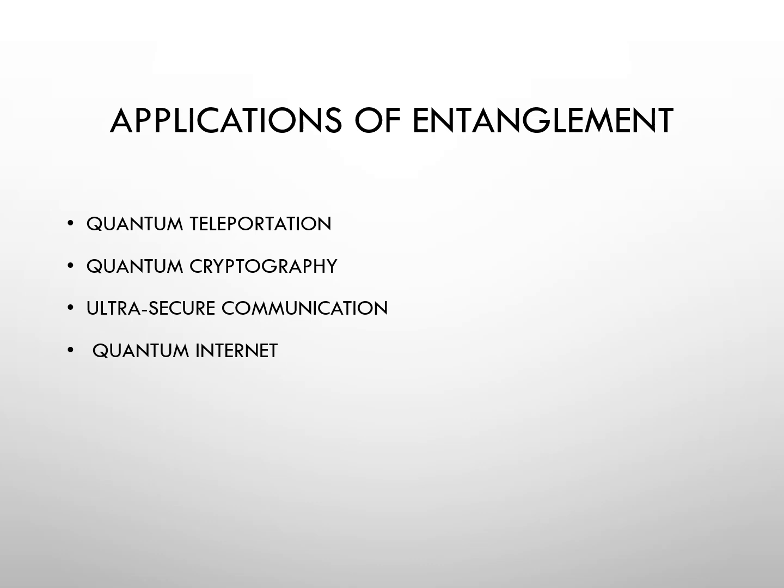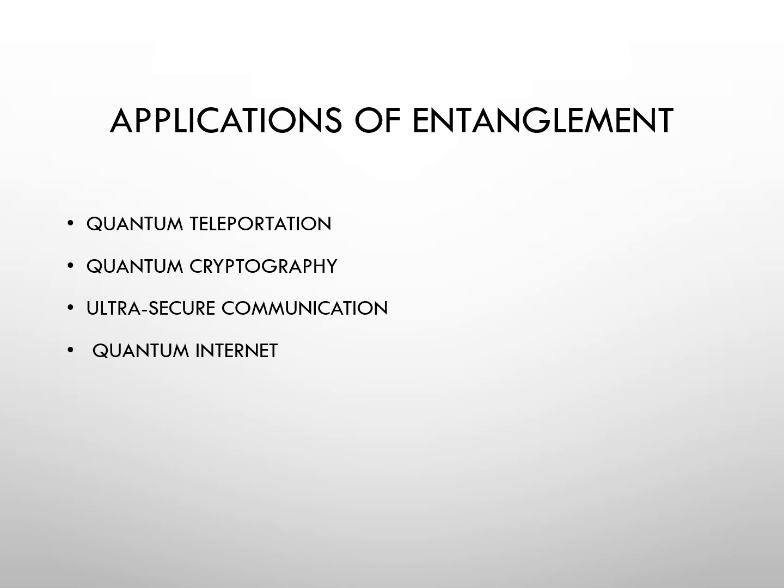Because on measurement, just as once we know that we have a right hand glove, we can easily predict that the other person in India has the left hand glove, in the same way, for two correlated particles, once we know the state of one particle, the other particle's state can be easily identified.